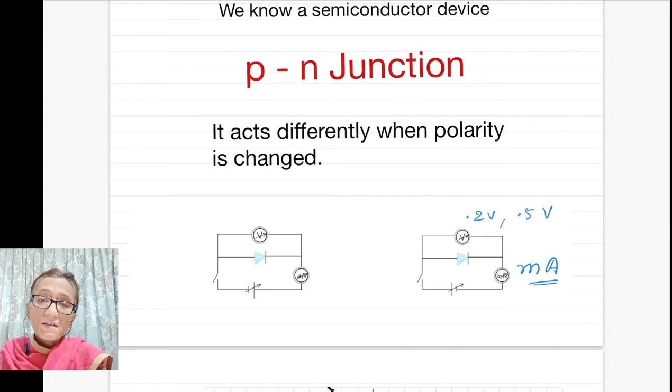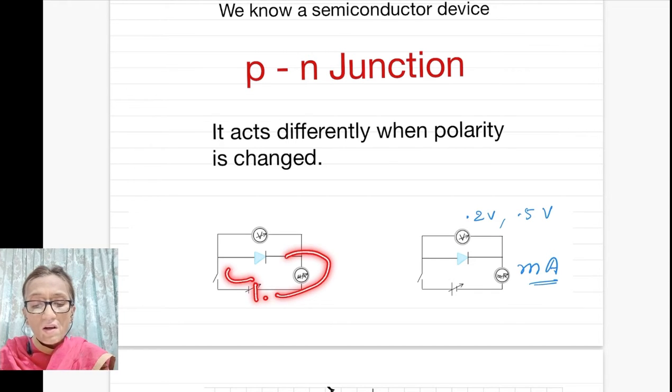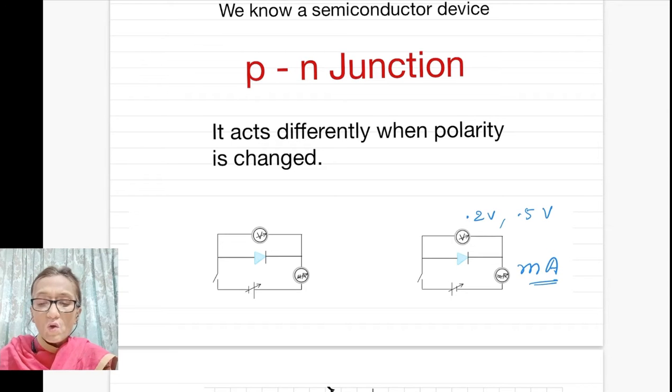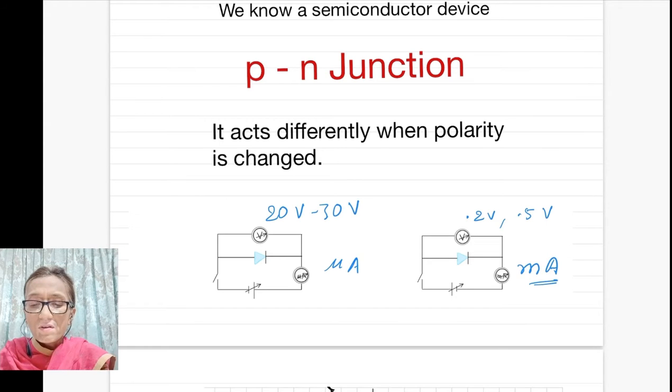But in reverse biasing, when the positive of the battery is not connected to the P side of the PN junction, you have current of the order of microampere, and you have to apply a very large voltage of the order of 20 or 30 volt. So on high voltage, current is very small.